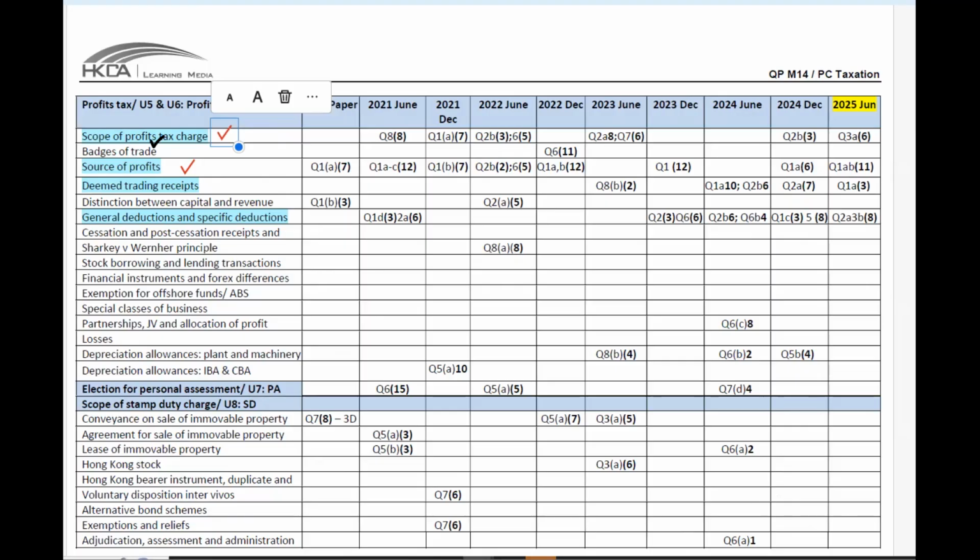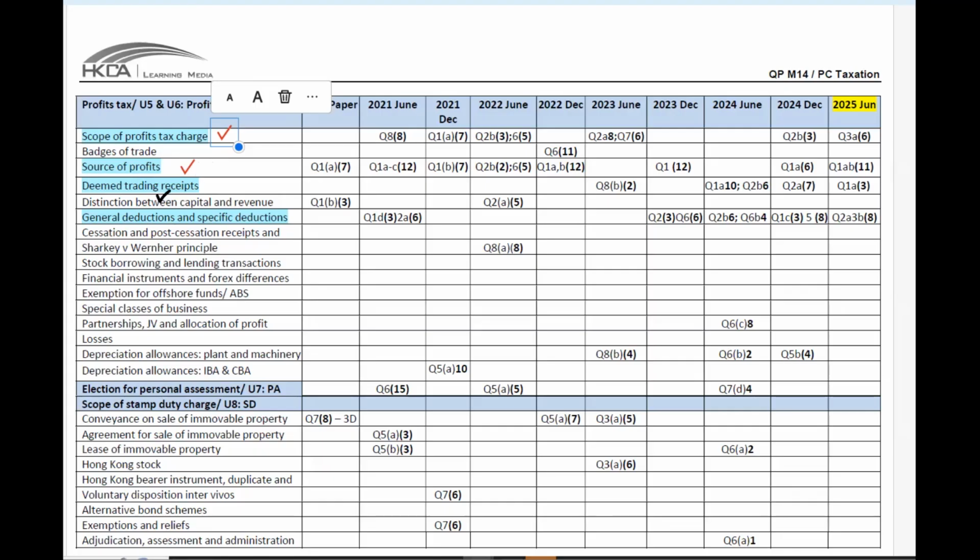Because this time they put intellectual property into the hot topic. Intellectual property income, like the royalty. If the royalty is received in Hong Kong, then you will test it by scope of sales tax charge, section 14, and then source of profits, DIPN 21 and DIPN 22 for royalty.